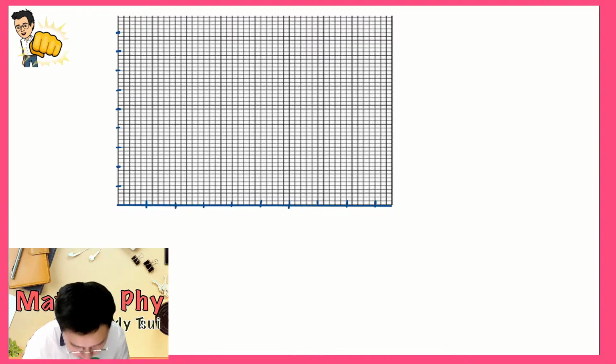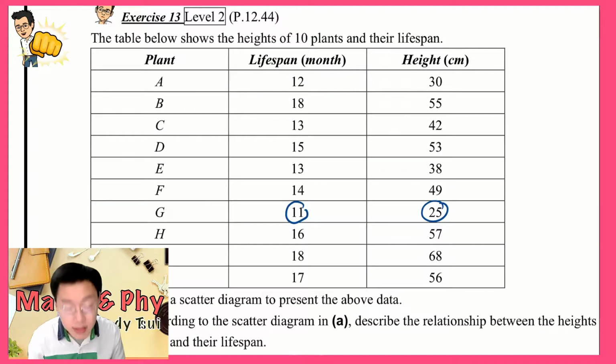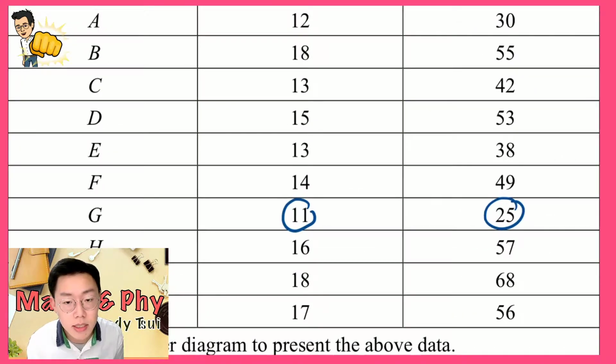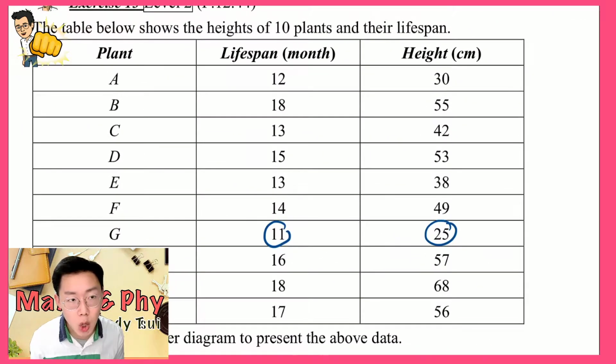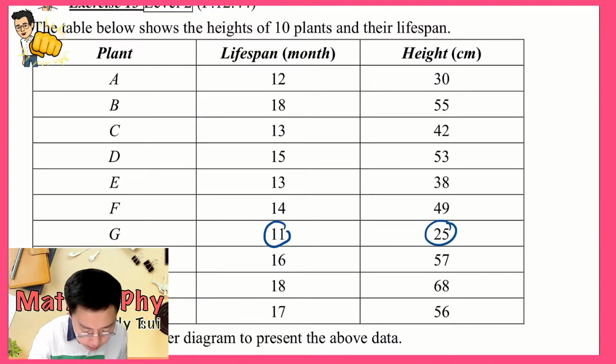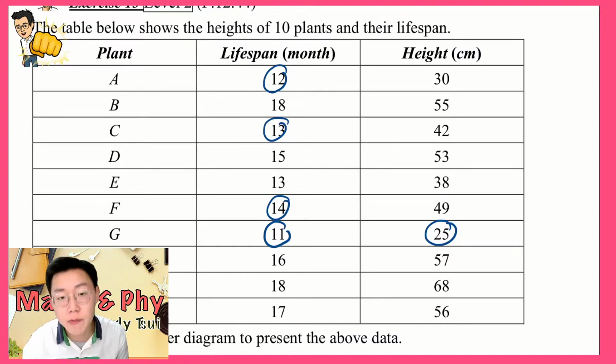As I mentioned before, the lifespan starts with 11, which is the smallest one. So we should start from 11, and then 12, and then 13. That means it increases by 1 month for each unit. So we can write down 11, 12, 13, 14, and so on.